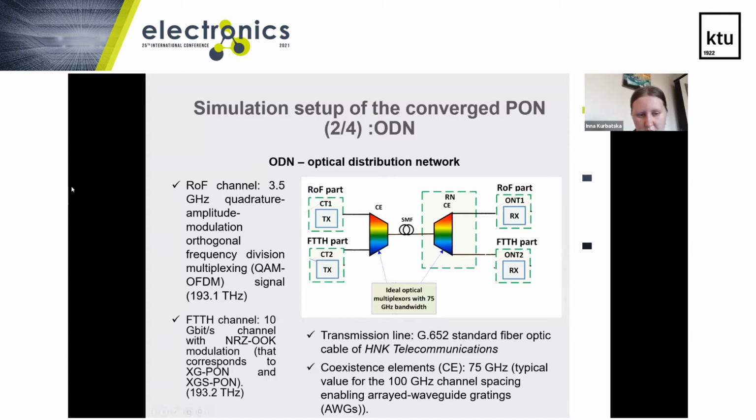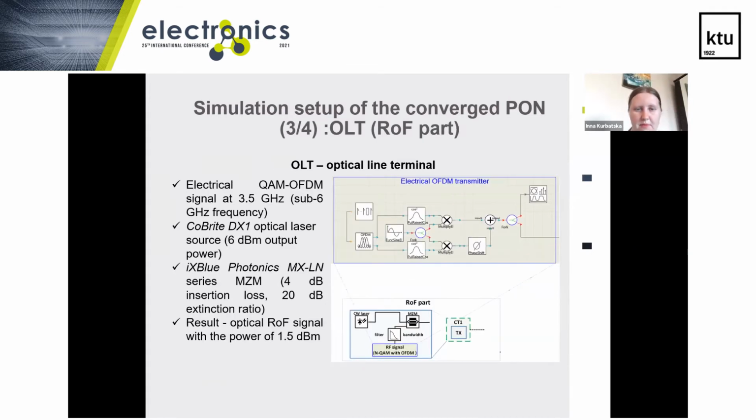Here we provide a 100 gigahertz channel spacing because we will study the possible impairments of this channel. We have chosen typical spacing for passive optical networks to study these impairments.